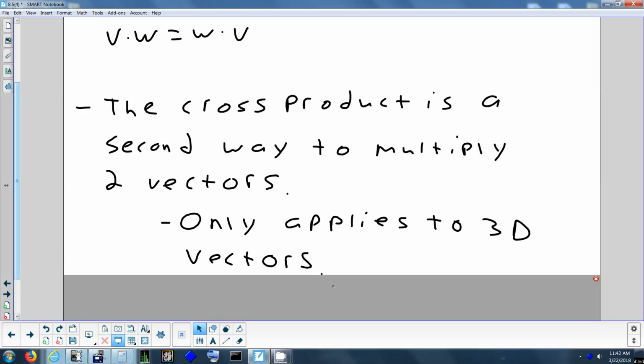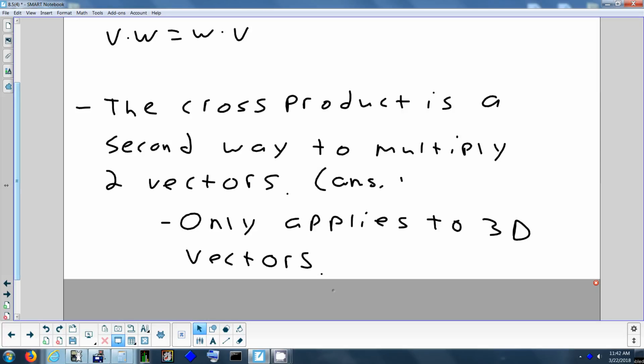Basically, what happens is if you give me two vectors and I find the cross product between them, the answer is a vector. That's different than a dot product. The dot product, the answer was a number. The cross product, the answer is a vector. But it's not just a random vector.